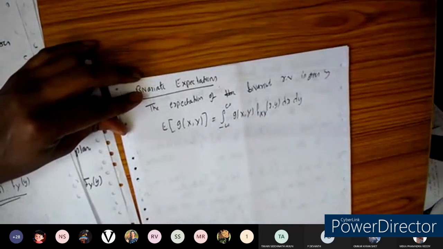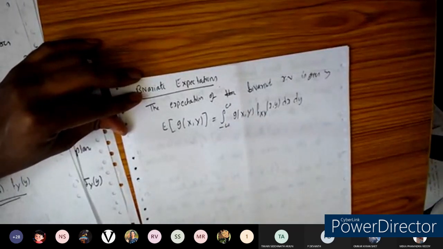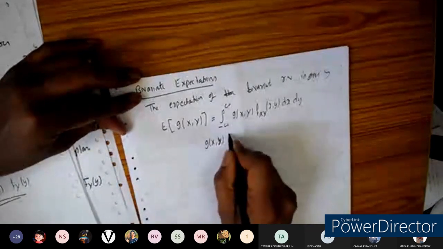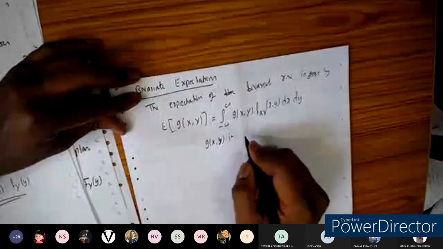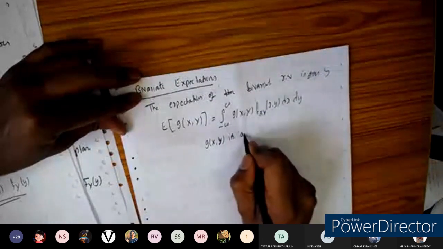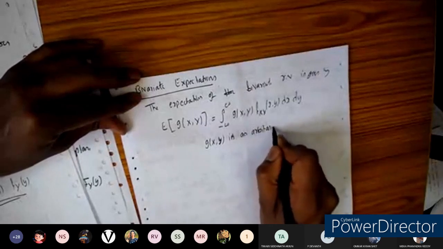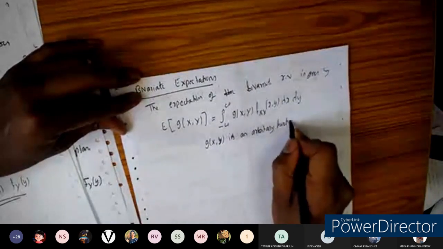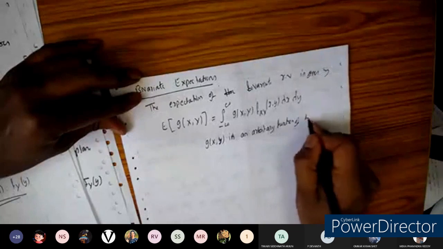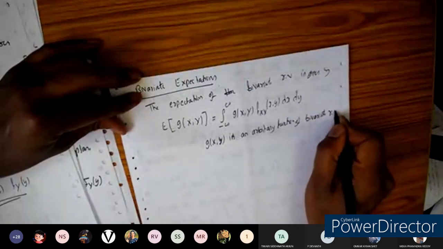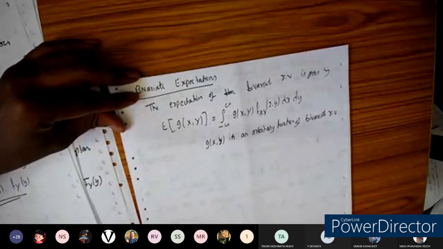It is an arbitrary function of the bivariate random variable.